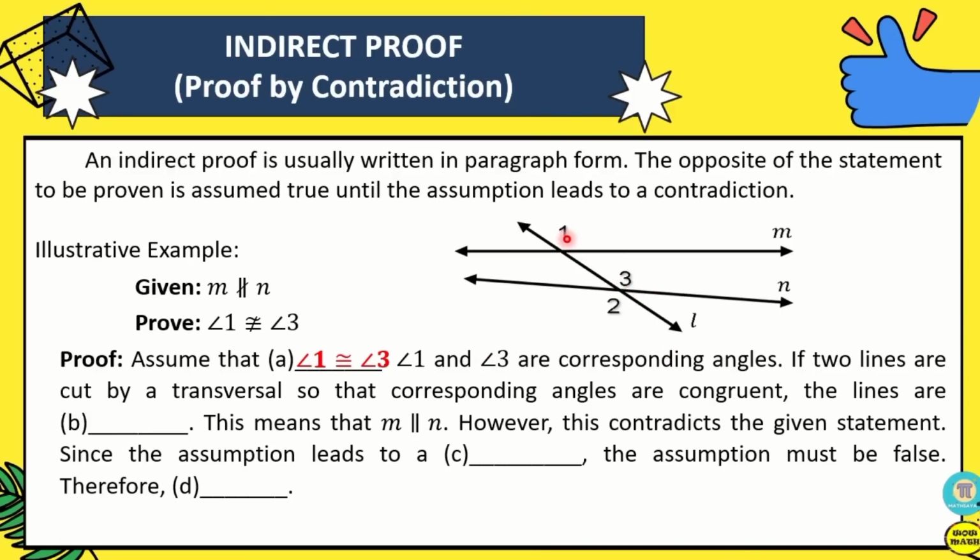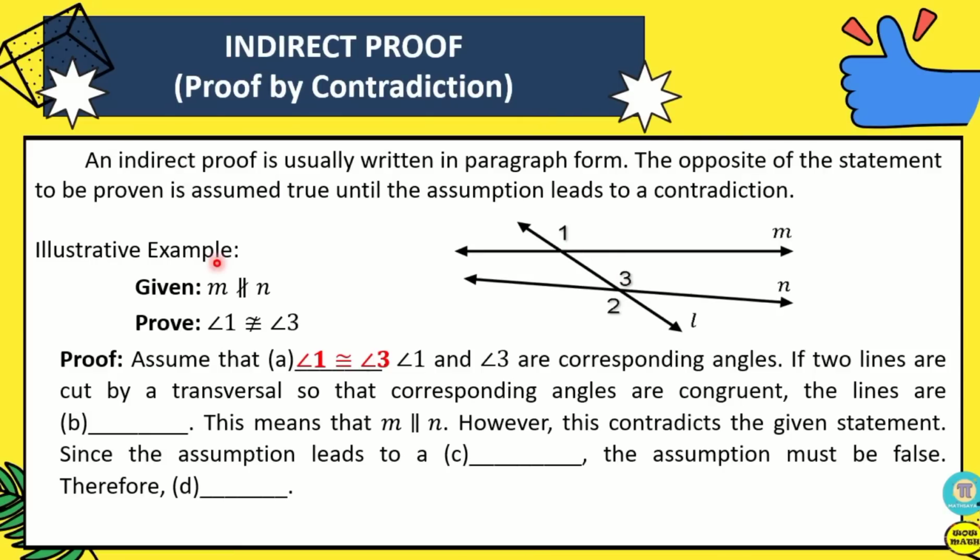I know nung grade 7 na-discuss po ang transversal. Okay? Parallel lines cut by transversal. Kapag meron tayong parallel lines cut by transversal, so ito pong angle 1 and angle 3 are examples of corresponding angles.